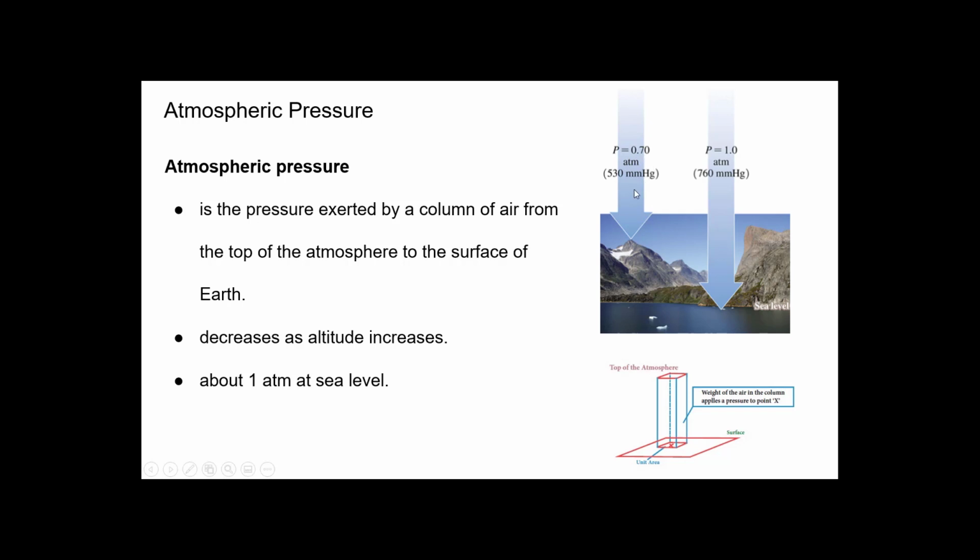Well, if we look at it as a column of air, imagine a column just placed over any part of the Earth. And then they measure, I don't know how they do this, but they know how to do this. They can determine how many molecules are at what altitude. So the atmospheric pressure is the pressure exerted by a column of air from the top of the atmosphere to the surface of the Earth.